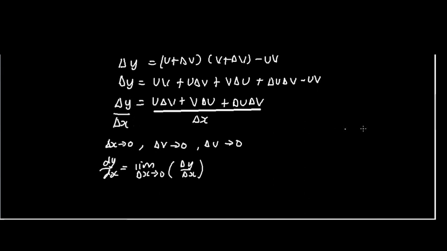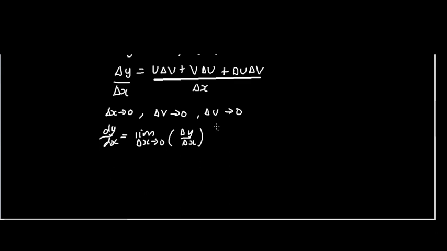Then we can simplify the other parts. The term u change in v over change in x will get to u dv/dx as change in x approaches 0, with change in v also approaching 0 to get dv/dx. Lastly, v change in u over change in x will get to v du/dx.